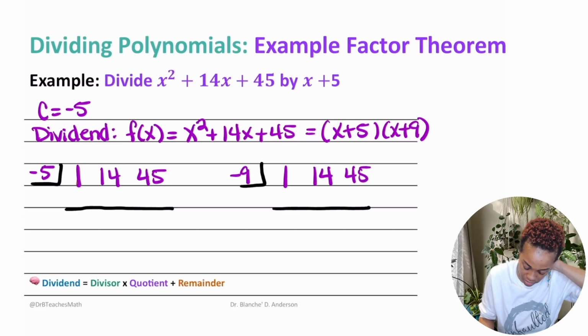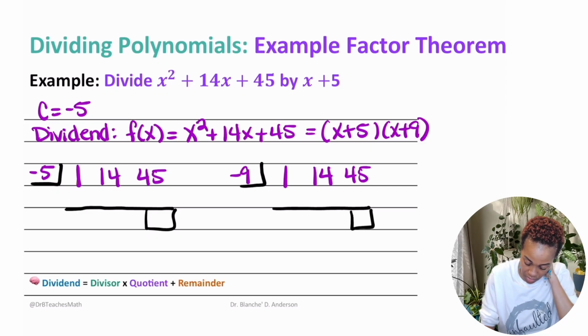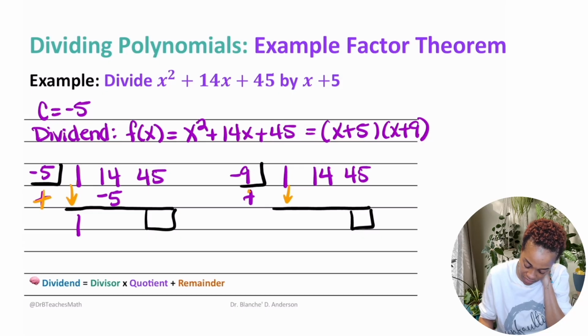We know our remainder goes here, right? I'm doing it because I want you to see these numbers come down. So that brings down a 1. 1 times -5 is -5. 14 plus -5 gives me a 9.